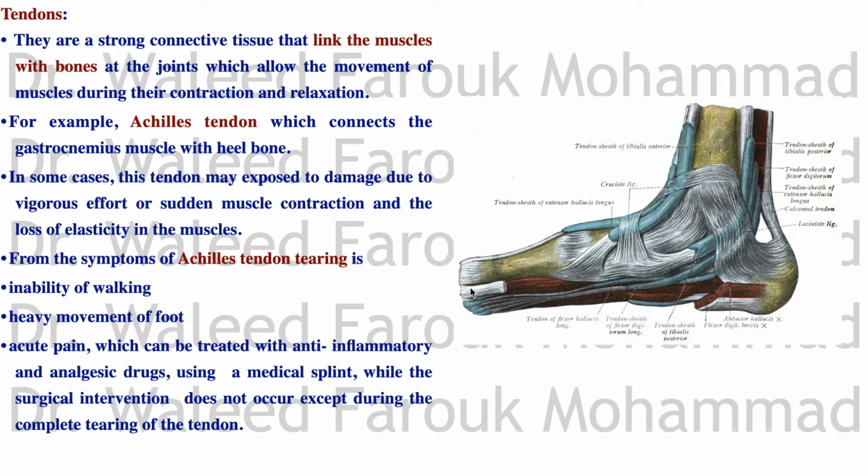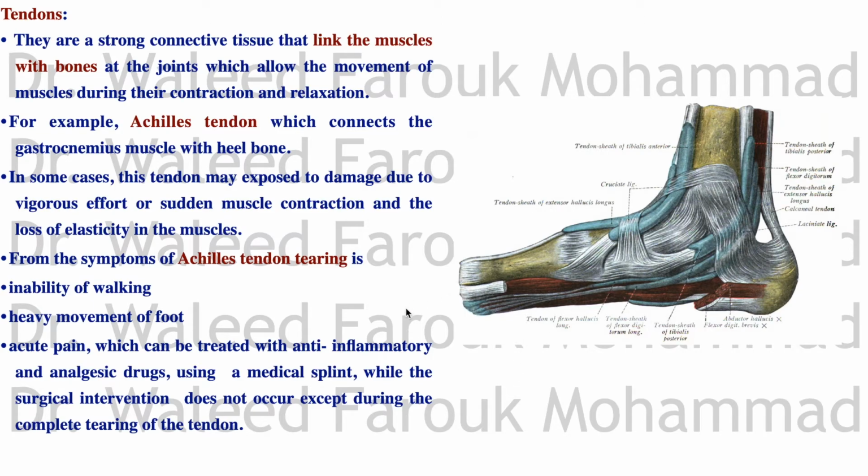There will be heavy movement of the foot, and there will be acute pain that can be treated with anti-inflammatory and analgesic drugs. And we use a medical splint to control the case, and sometimes surgical intervention is needed, only in complete rupture of the tendon.